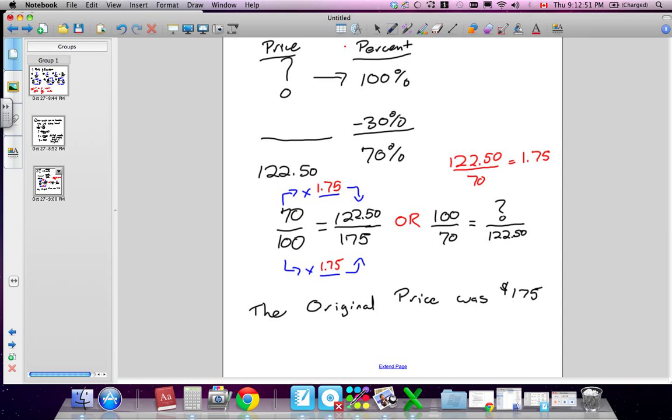How much did he save? I just have to subtract that. Good. We take the old price and subtract our new price.